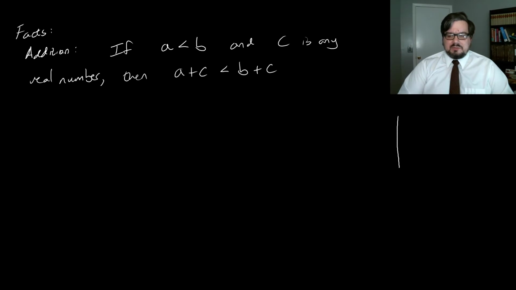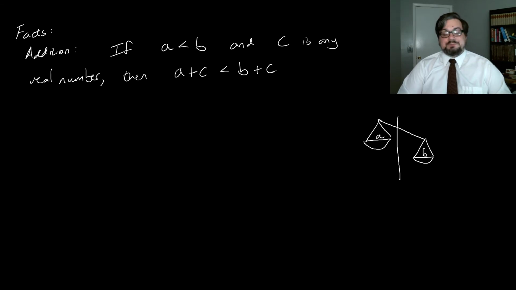If I've got a scale here and I'm measuring two quantities A and B, then to say that A is less than B means that there's less weight on the side with A than there is with B. And now if I take any number, any other quantity, and I add the same quantity to both sides of this scale, that's not going to change which side of the scale is heavier. The right side with B is still going to be heavier.